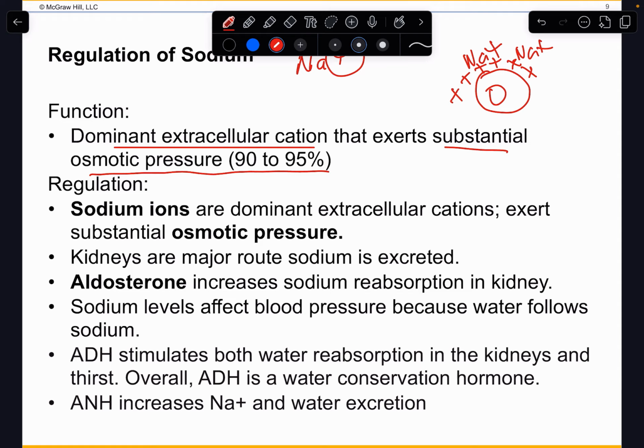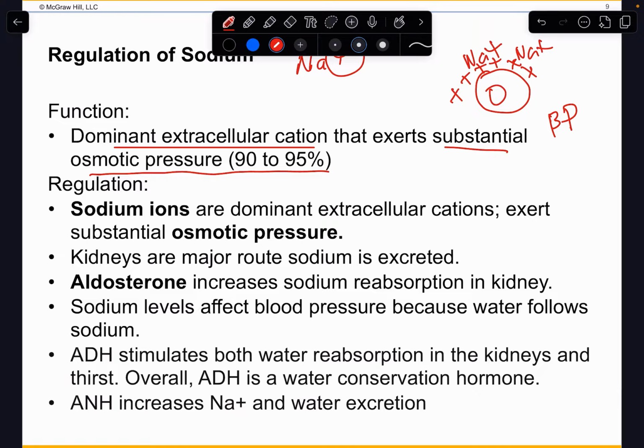It also regulates blood pressure. Then it also supports nerve impulse transmission. In the nervous system, we've seen that sodium and potassium are very important for generating the impulse and action potential.